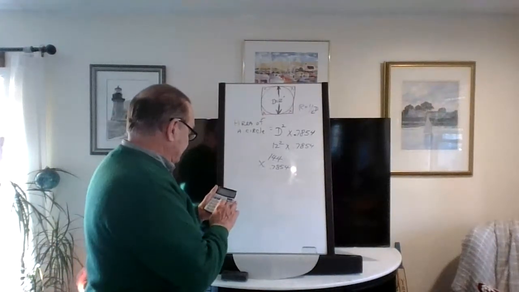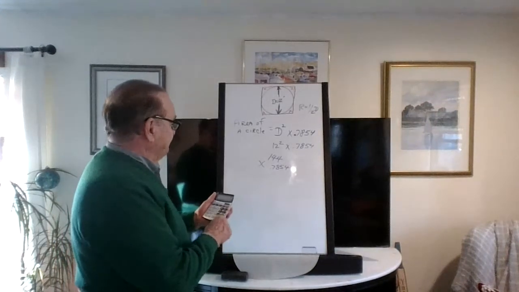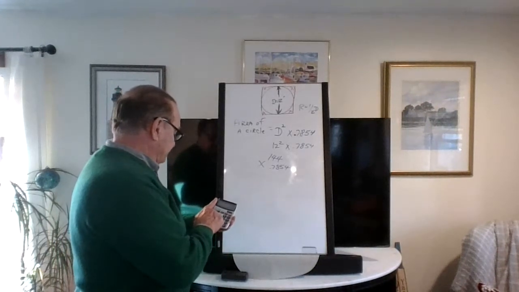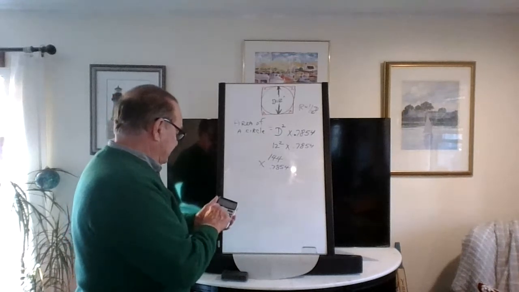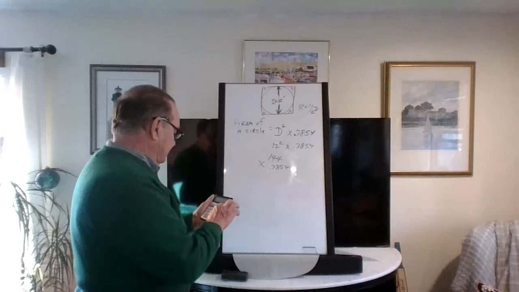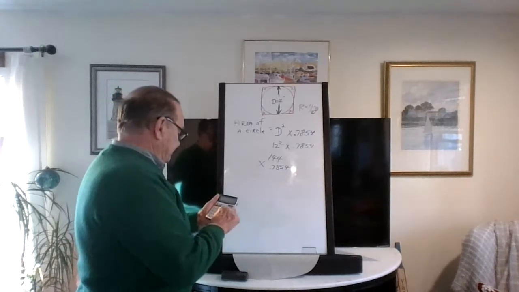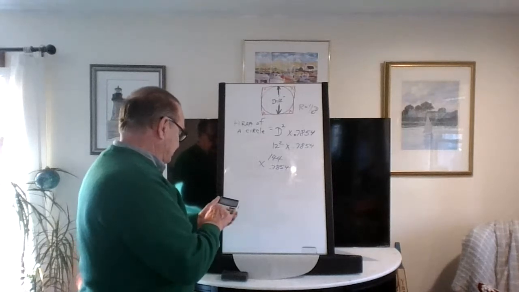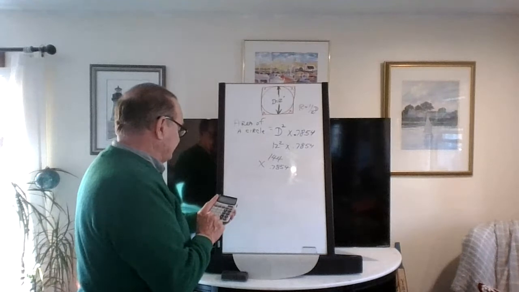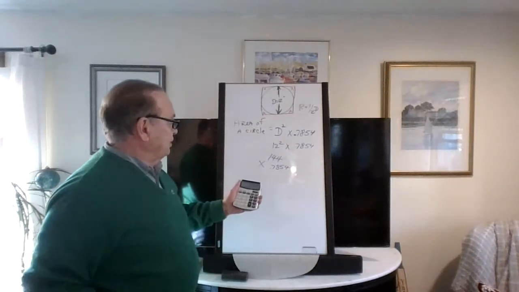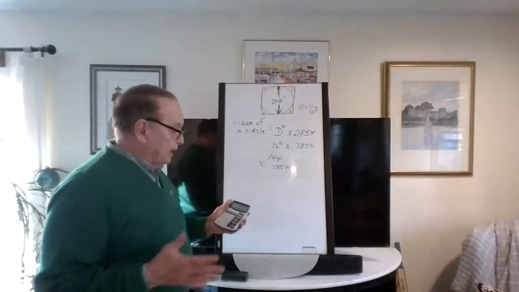So let's see if I use this formula. Let's see how close it comes to 113. So we got 144 times 0.78. Oops, do that again. 144 times 0.7854 equals, okay, 113.09. Slight difference, okay, but not enough to be a problem.